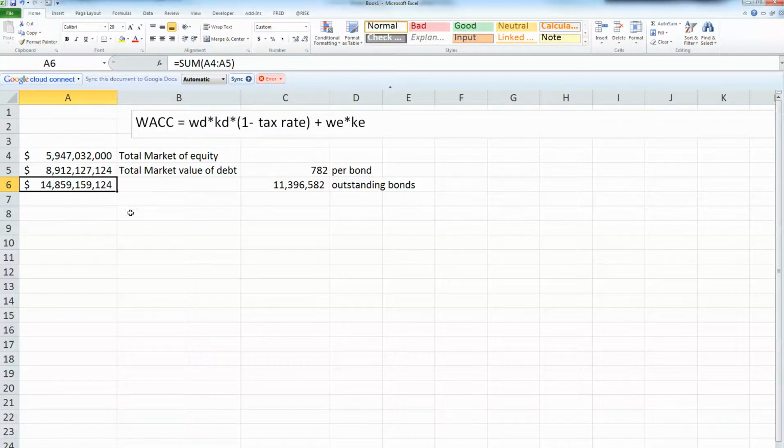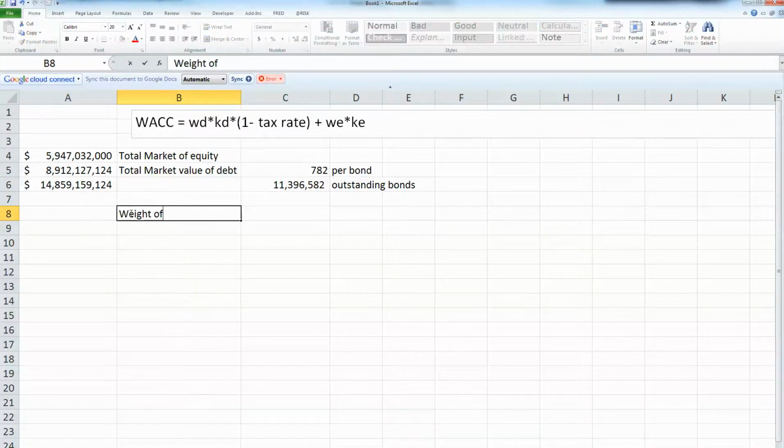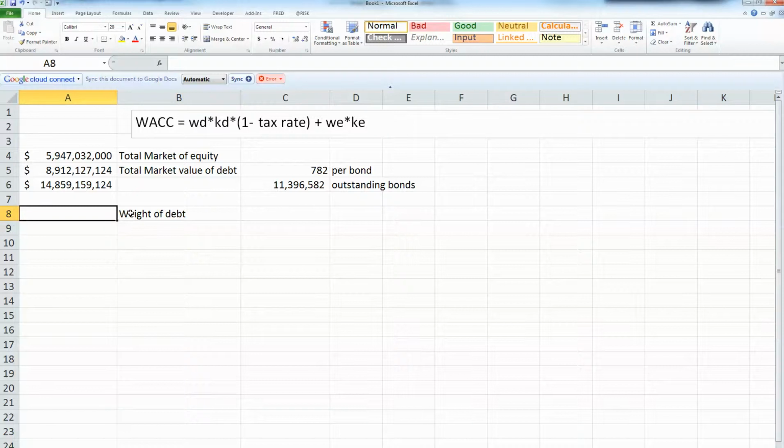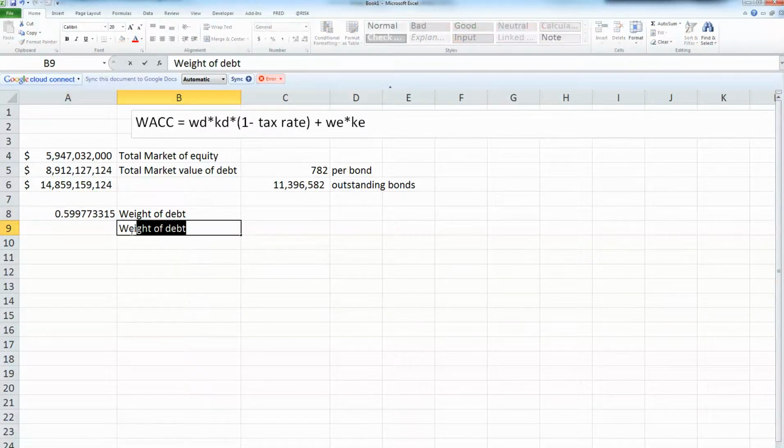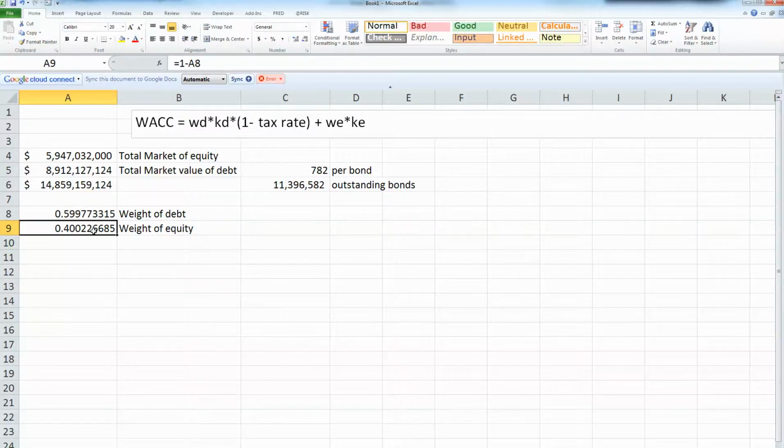To find the weight of debt, well, I'm kind of reversing things, but it would be the market value of debt divided by the total. To find the weight of equity, I could either take 1 minus the weight of debt to get 40%, or I could take the market value of equity divided by the total value of the firm to get the 40%.